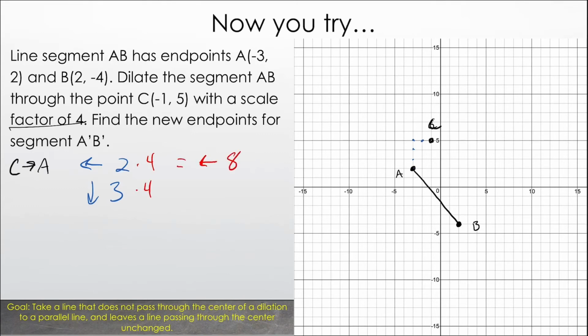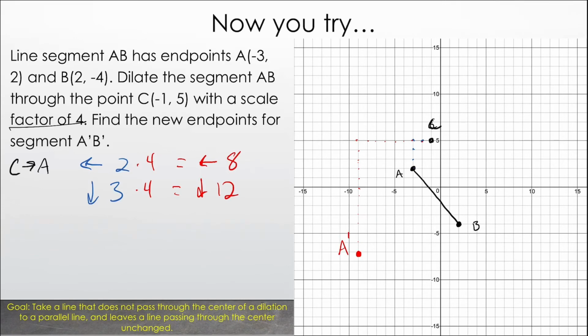I'm going to get left 8, down 12. So 1, 2, 3, 4, 5, 6, 7, 8, and then down 1, 2, 3, 4, 5, 6, 7, 8, 9, 10, 11, 12. Whew. We would call that A prime.